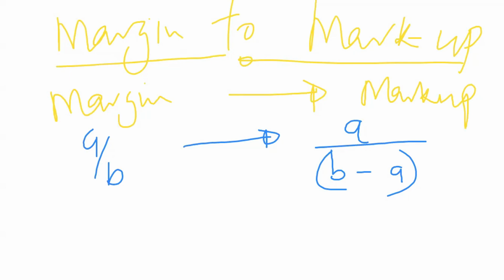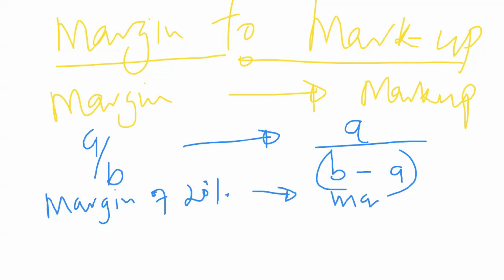Let's say you have a margin of 20%, let's just use the same example. Then what will be the markup? We want to make sure that we have a markup of 25% because that's what we got last time. So this one will be 20 out of 100, and that will give us 20.